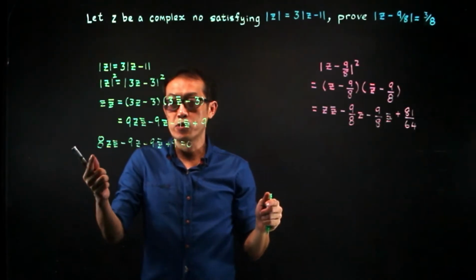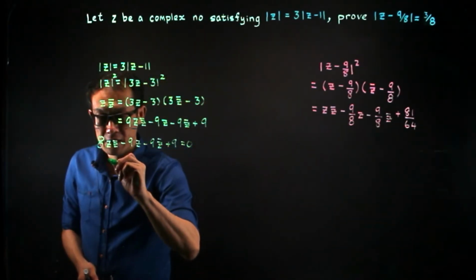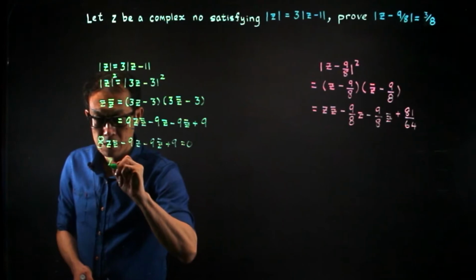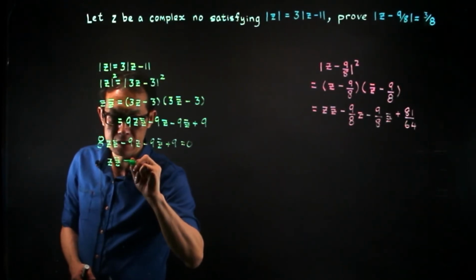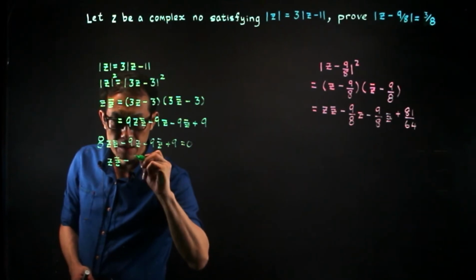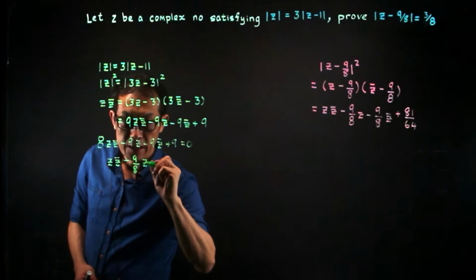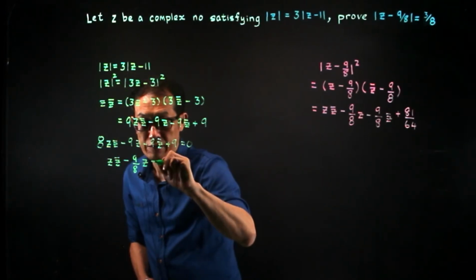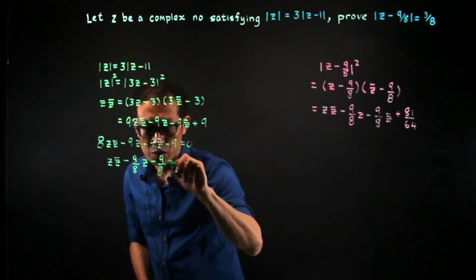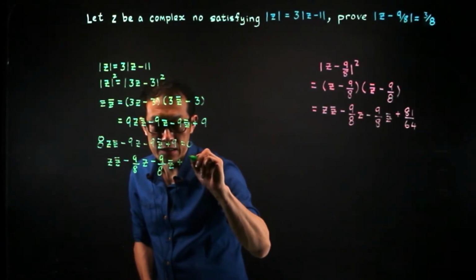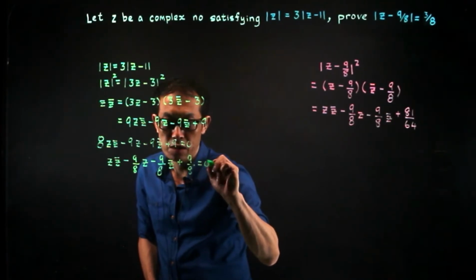So what I do, I divide by 8 on left and right. So I have Z Z conjugate minus 9 over 8 Z, minus 9 over 8 conjugate Z, plus 9 over 8 equals to 0.